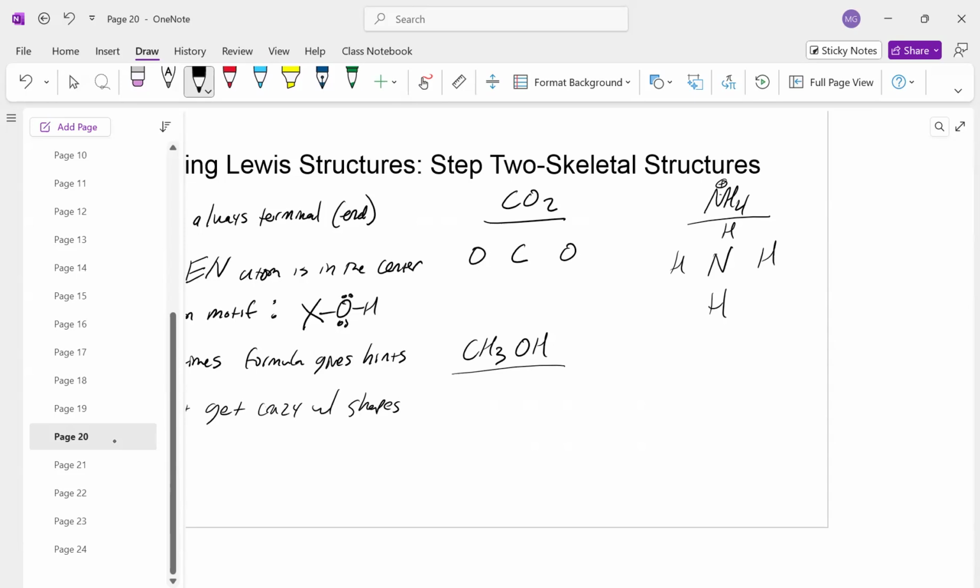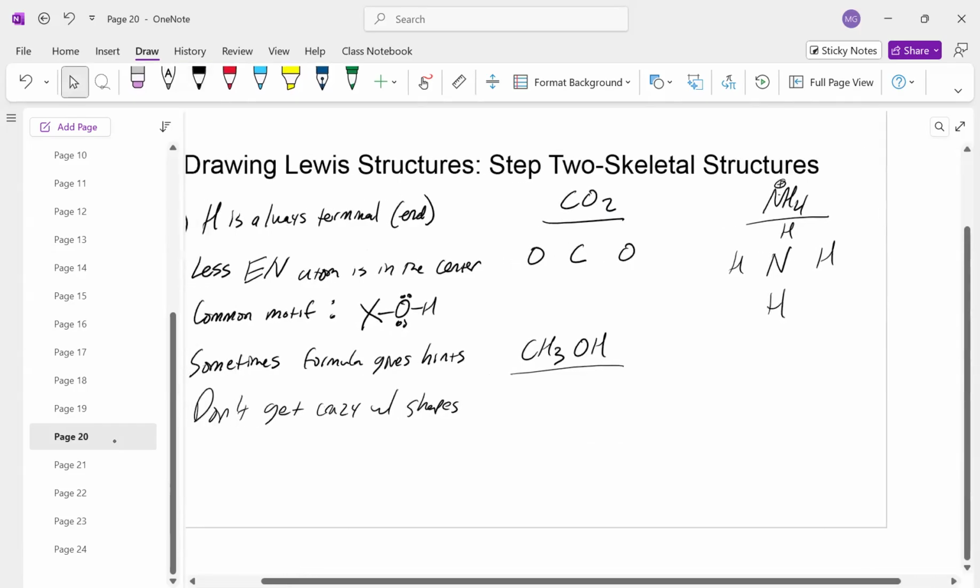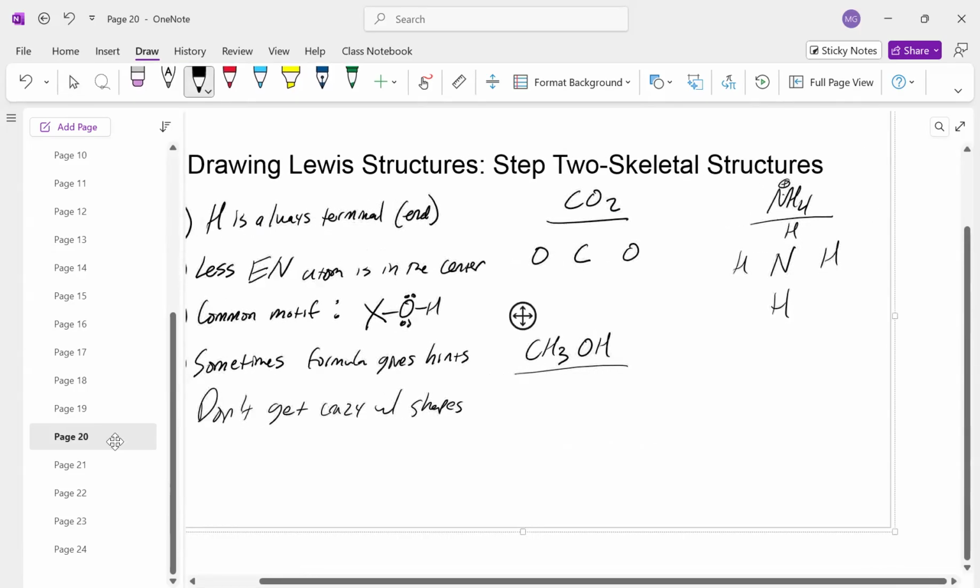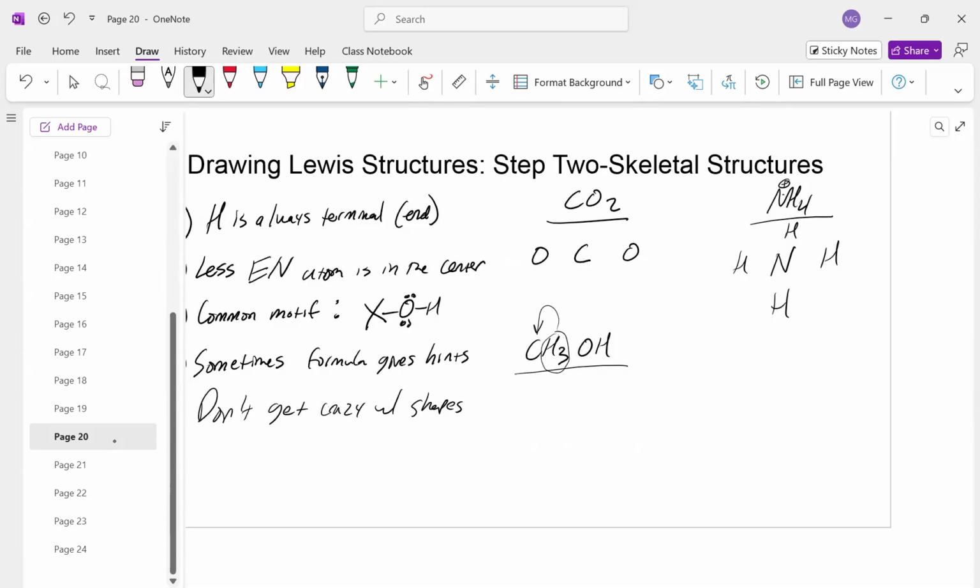Now with methanol, this points out a couple of our guidelines. Number one, the formula is giving us a hint. It's telling us here that these three hydrogens are going to be attached to that carbon, and this hydrogen is going to be attached to that oxygen.